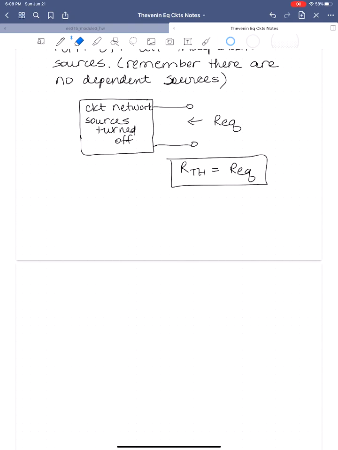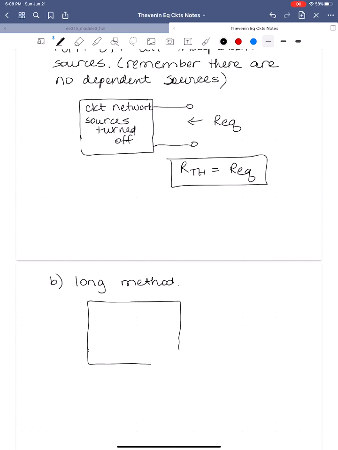The long method. So for the long method, we are going to take the circuit network that we've already found the open circuit voltage for. Okay, sources all on. All right. And then we are going to short those terminals together.